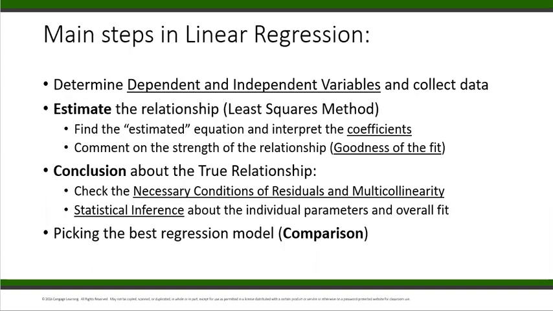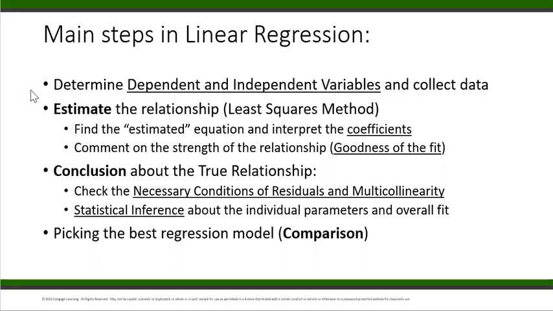So this slide summarizes all you need to know after covering this chapter. So this is actually the typical steps that we need to take in any linear regression analysis. So first of all, you have to have a clear question.